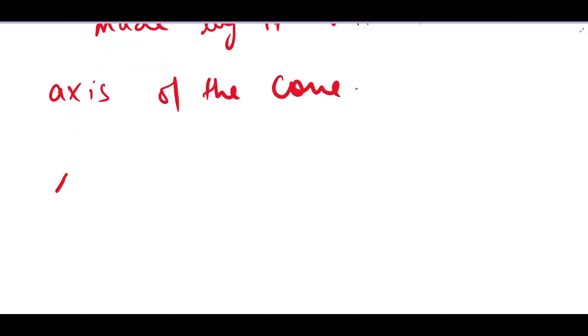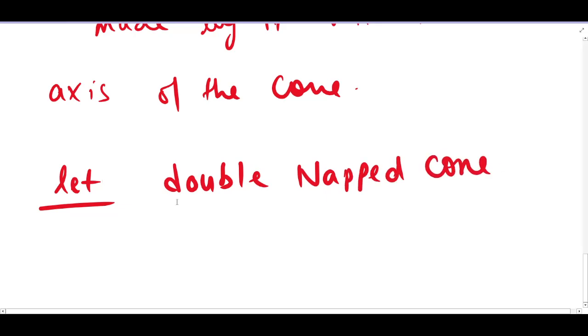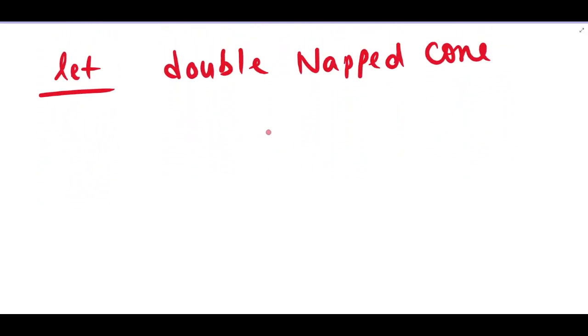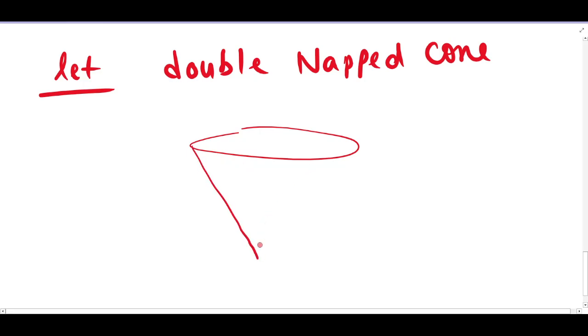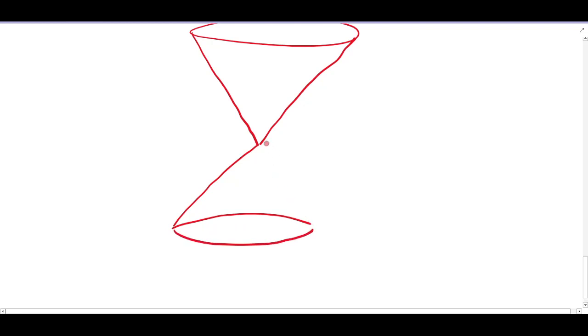So let's say we have a double napped cone. This is an inverted cone, and we have a second cone below it, which is exactly the same as the top cone.